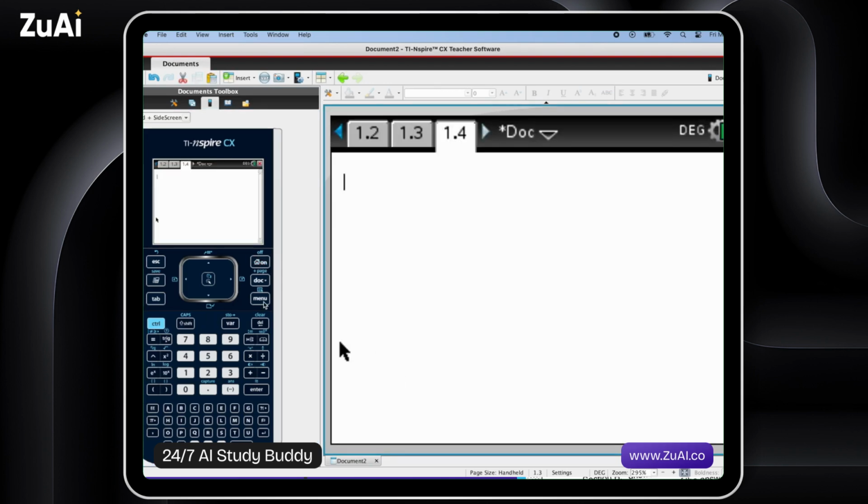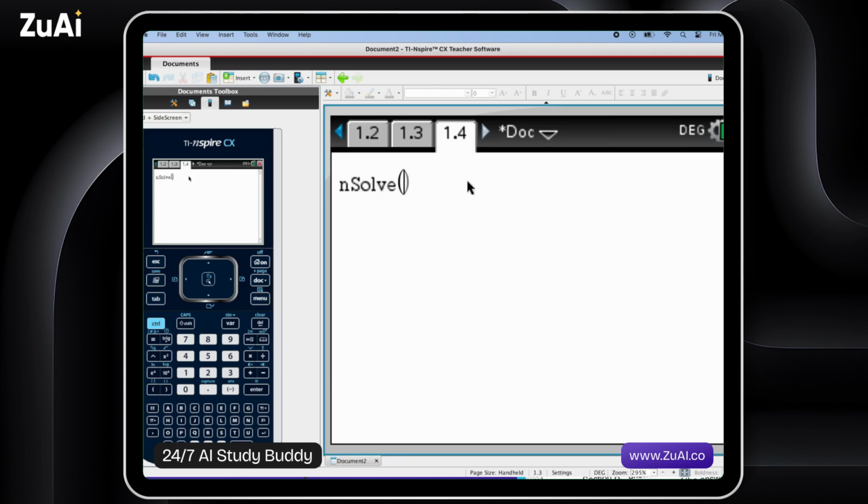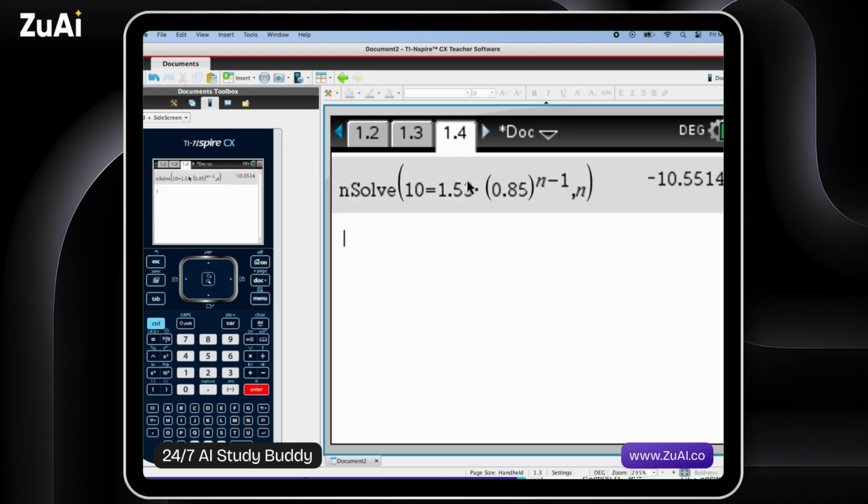So menu, algebra, solve, 10 equals 1.53 times 0.85, then we want to raise this to the power of n minus 1, and then we'll put a value of n. Okay, and for some reason this is, I see.